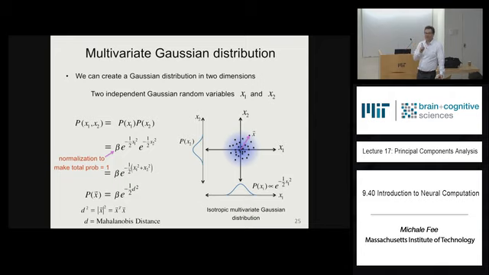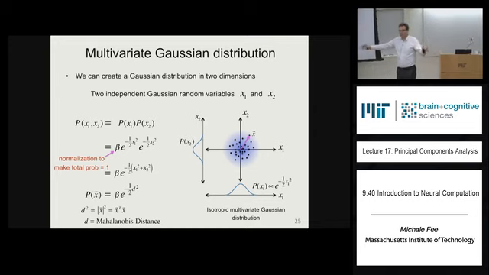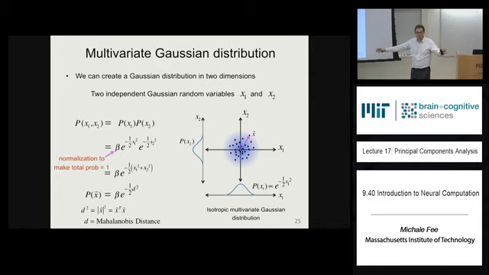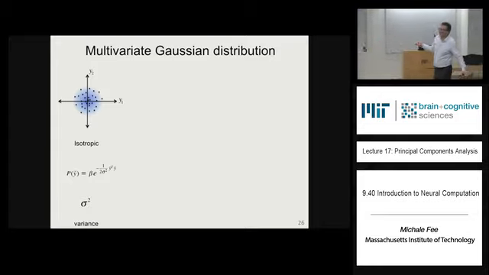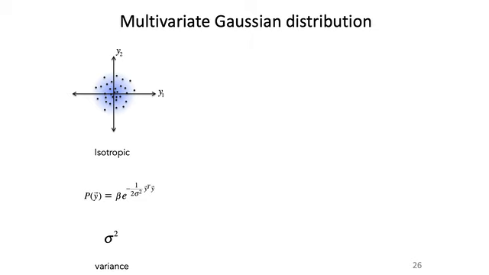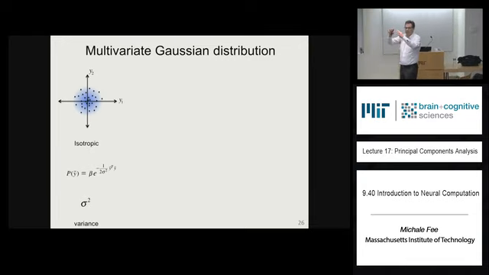It's an isotropic multivariate Gaussian distribution of unit variance. What we're going to do now is build up all possible Gaussian distributions from this distribution by simply doing matrix transformations. We start by taking that unit variance Gaussian distribution and building an isotropic Gaussian distribution with an arbitrary variance, meaning an arbitrary width.